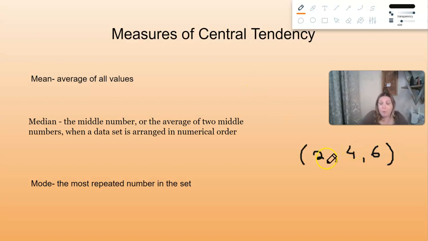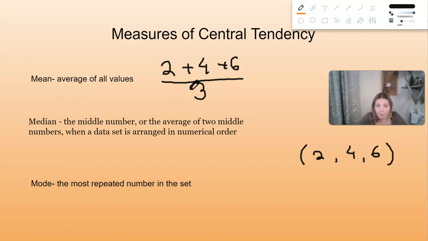The mean would be these 3 numbers added up divided by 3, right? So you add up the numbers and you divide by the number of numbers you have. Okay, so in this case, mean is going to be 2 plus 4 is 6, 6 plus 6 is 12, 12 divided by 3 is 4.